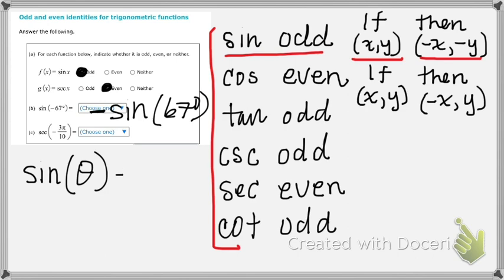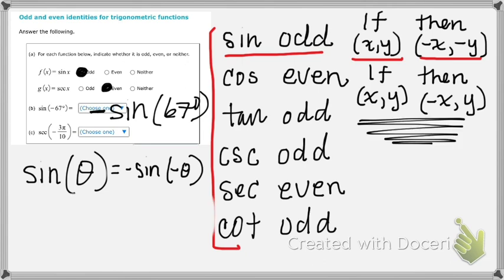Let me try and fit that in a little better. It's going to be equal to the opposite of the sine of the opposite of theta. That's a way of seeing how an odd function affects a possible equality involving sine.